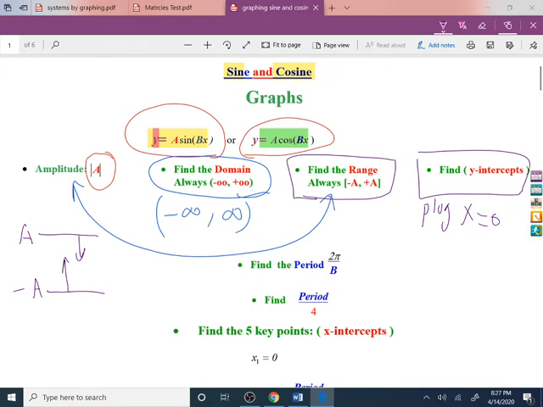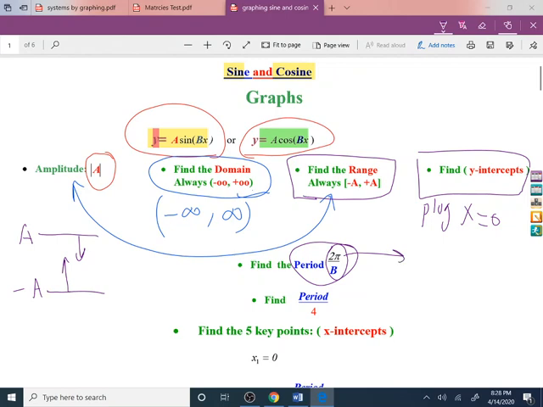Good. Then we have these four terms. After that, we have to find something we call the period. I mentioned at the beginning that the graph of the function repeats itself every period of values of x. How do I get the period?